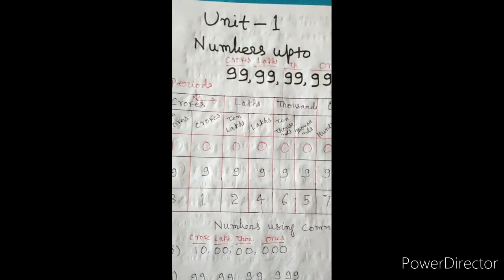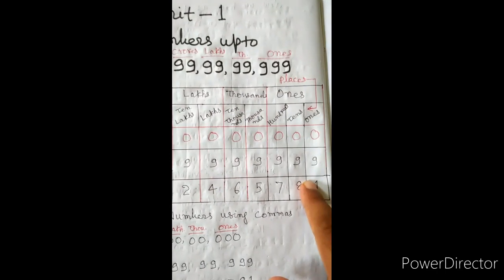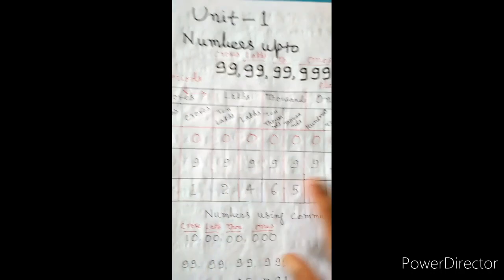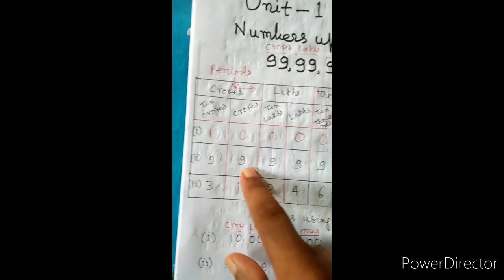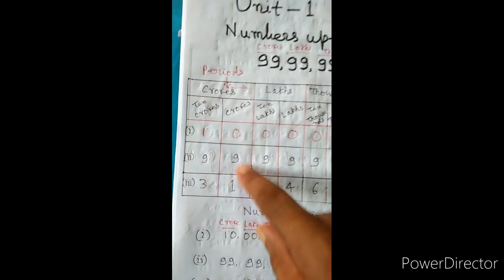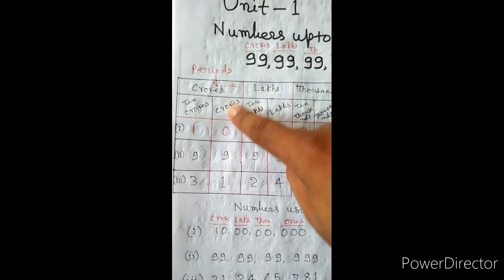Now take another example of a number having 9 digits. See, this number is formed by a digit that is 9. And we read it like this, 99. These digits are lying in crores period.